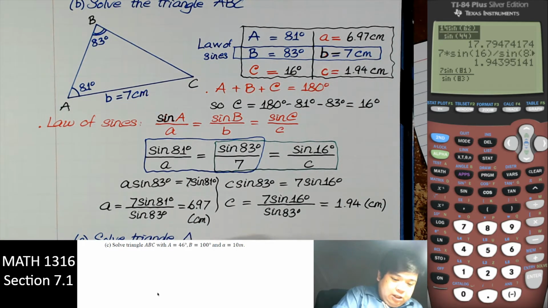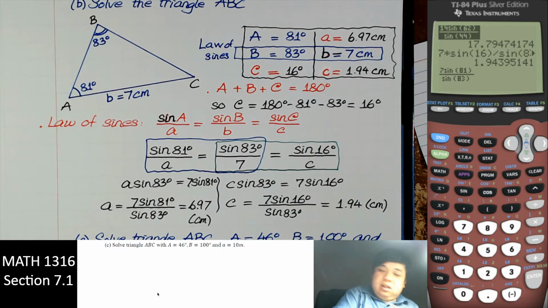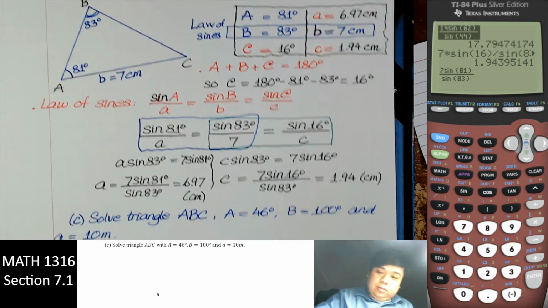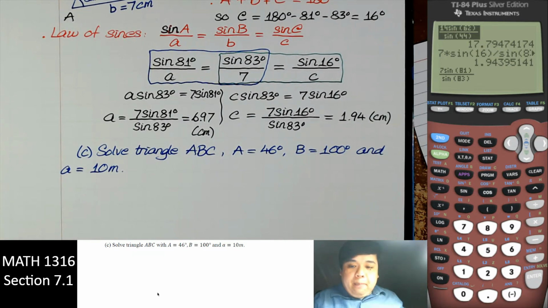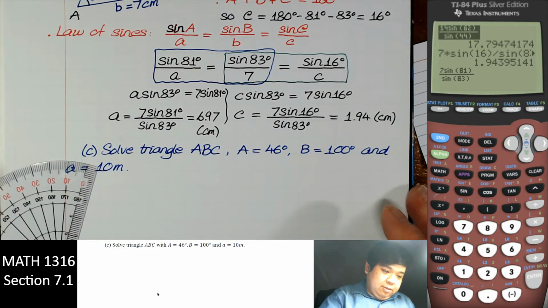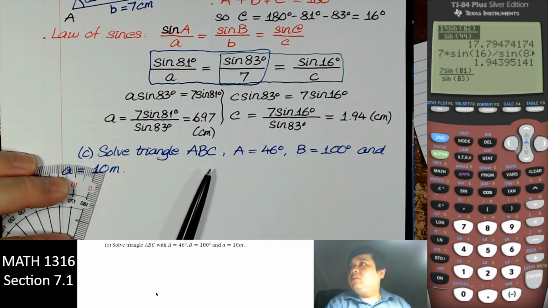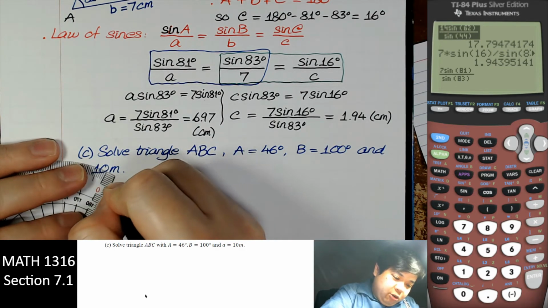Show triangle ABC. A is 46, B is 100, and little a is 10 meters. Just draw a triangle in general.